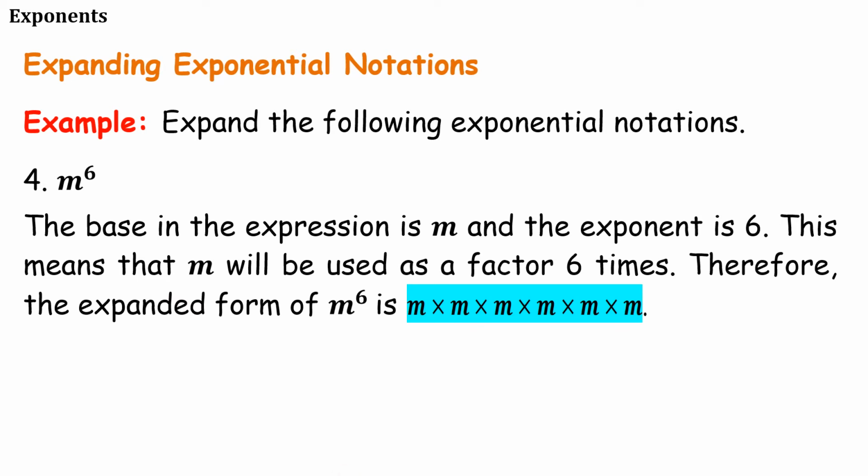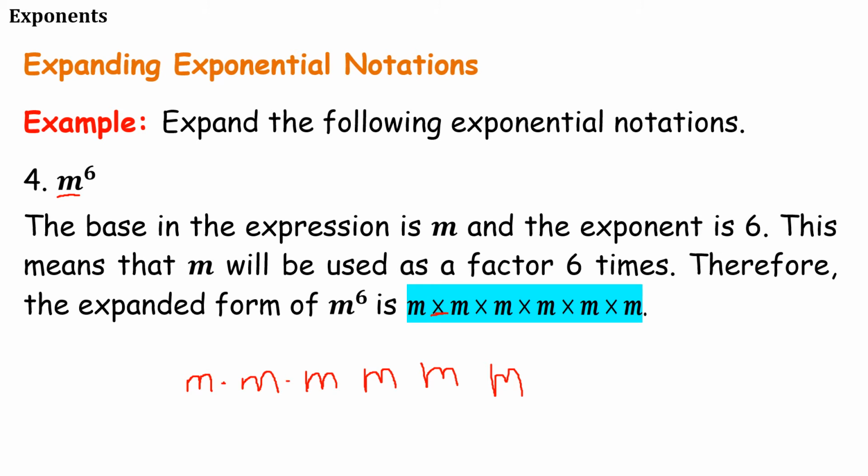So what I like to write is that we have our base, that is our m, and we're going to multiply it 6 times. 1, 2, sorry if they don't look the same, 3, 4, 5, and 6.